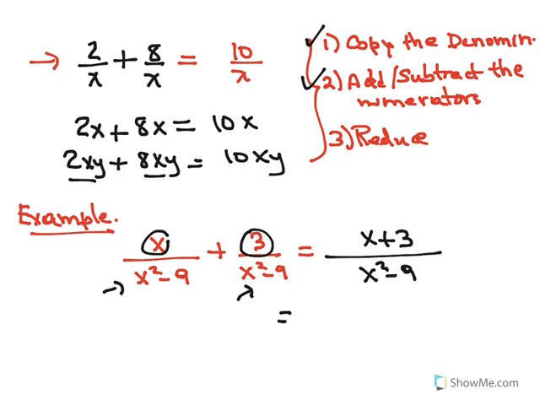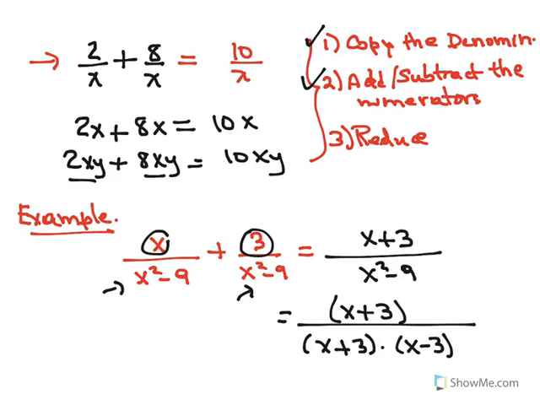Now I need to see if I can reduce. Obviously, I can't do anything with the numerator, but the denominator can be factored. So I'm going to factor the denominator into x plus 3 times x minus 3. I can see that the top and the bottom have a common factor, which is x plus 3.